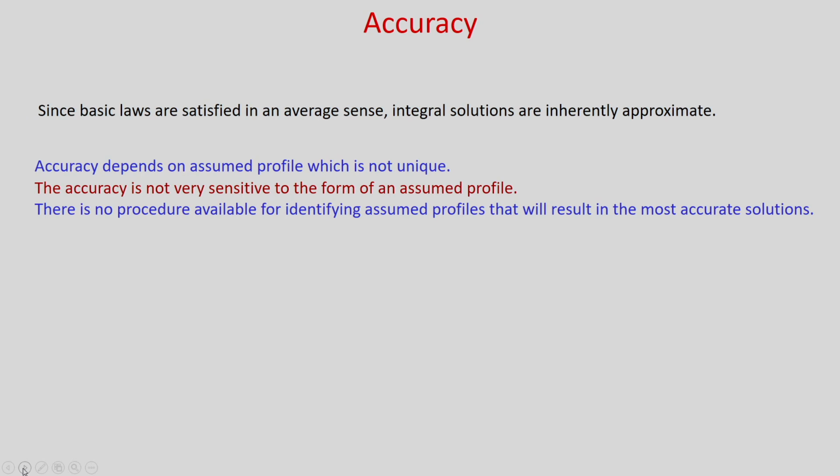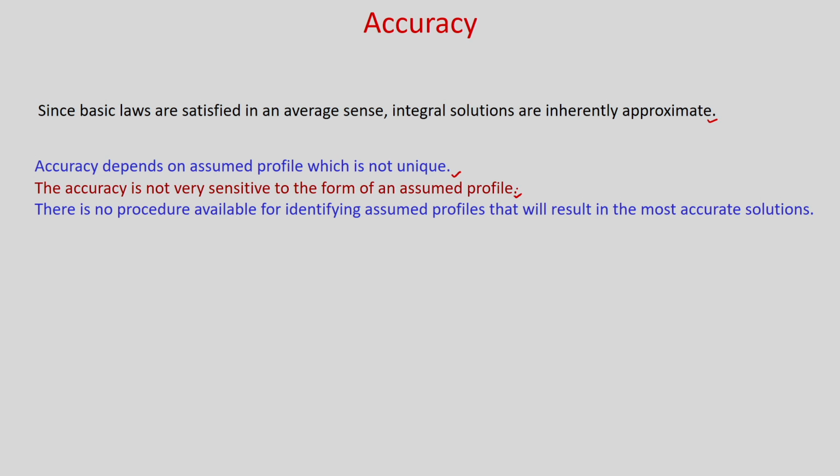So, what is the accuracy of this integral approach? Since basic laws are satisfied in an average sense, integral solutions are inherently approximate. The accuracy depends on the assumed profile, which is not unique, because you can use a third order polynomial or a second order polynomial. Accordingly you will get the velocity profile or the temperature profile. The accuracy is not very sensitive to the form of the assumed profile.